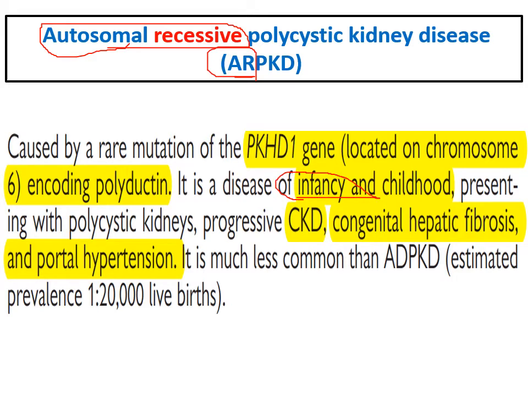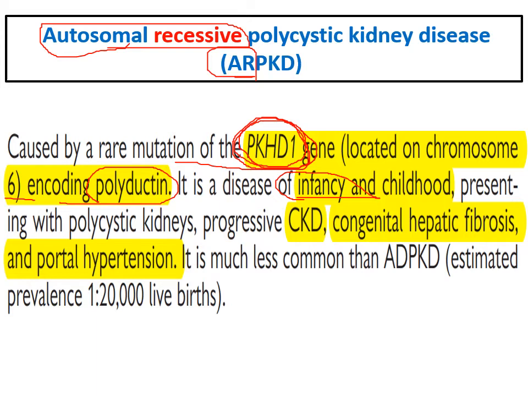It is due to mutation of the PKHD1 gene, located on chromosome 6, encoding a protein called polyductin, which plays a role in the differentiation of the collecting duct and biliary tree.